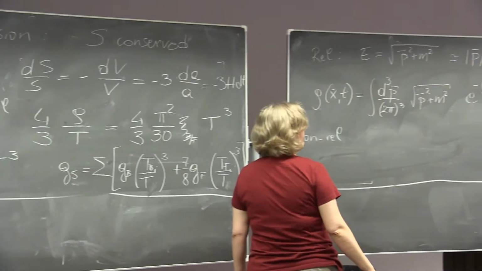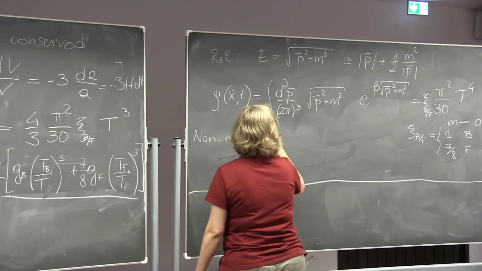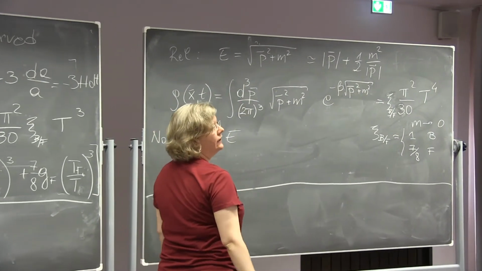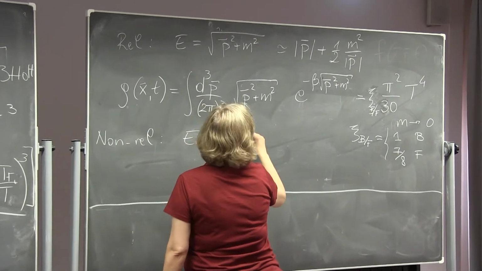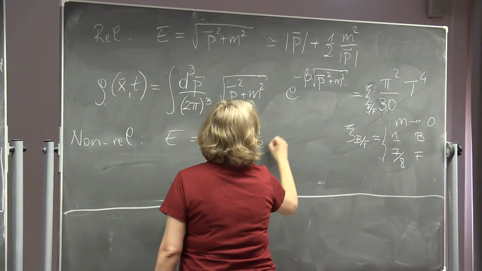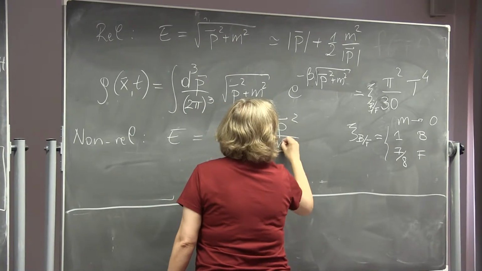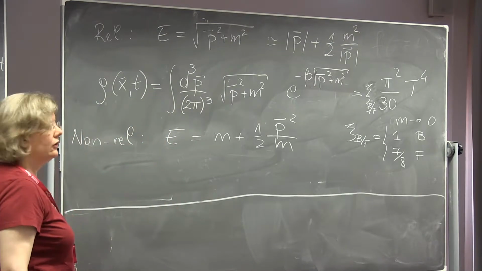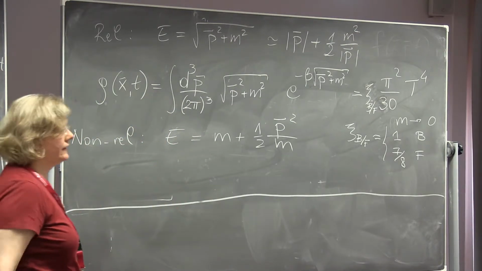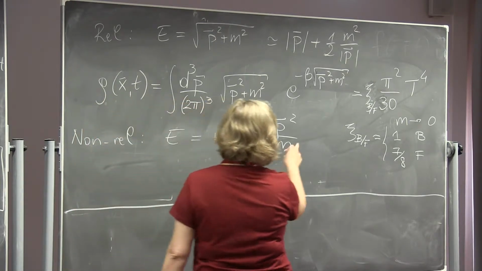In the non-relativistic case, of course, for the energy you have to take the other limit, and then you have practically the mass plus 1/2 p squared over m. So you have exactly the opposite limit. Of course, I have c equal to 1, so you don't worry about factors of c.